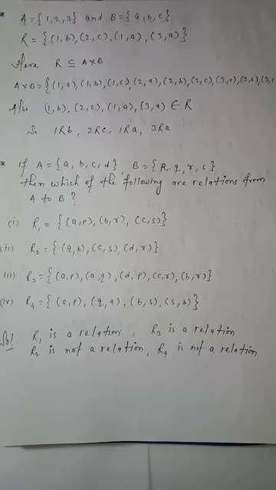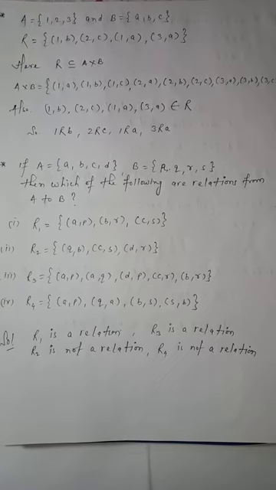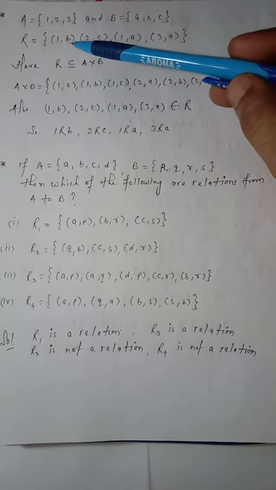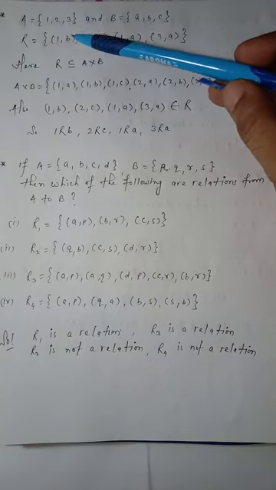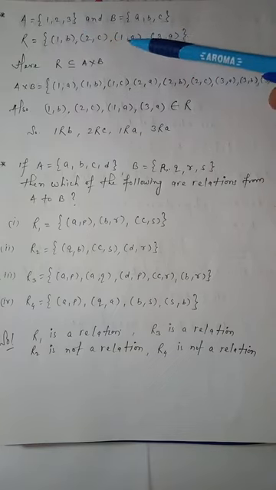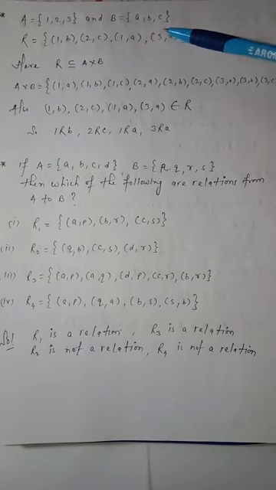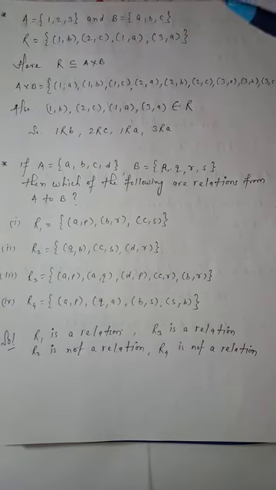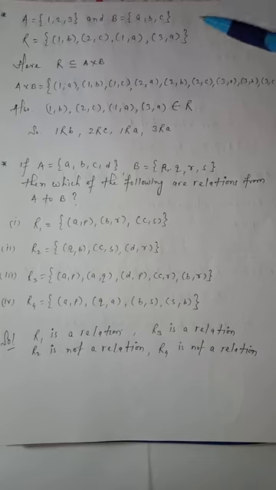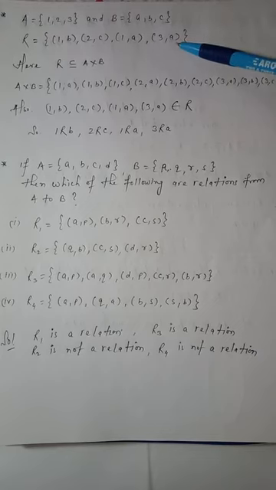Now this example will clarify everything. Here set A is 1, 2, 3 and set B is a, b, c, and one relation R is given, which is (1, b), (2, c), (1, a) and (3, a). So how will we understand whether this R is a relation from set A to B?